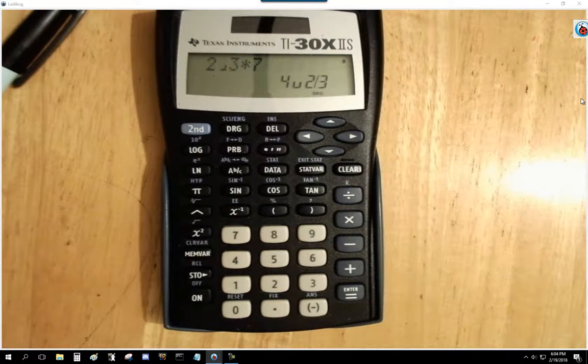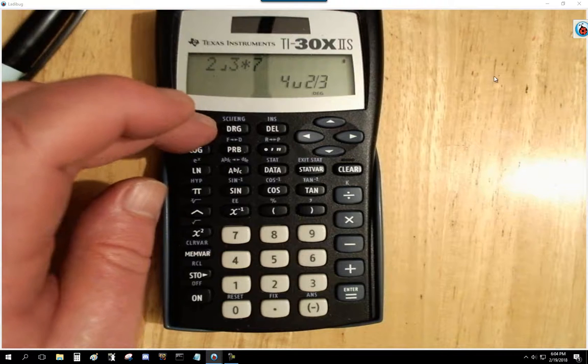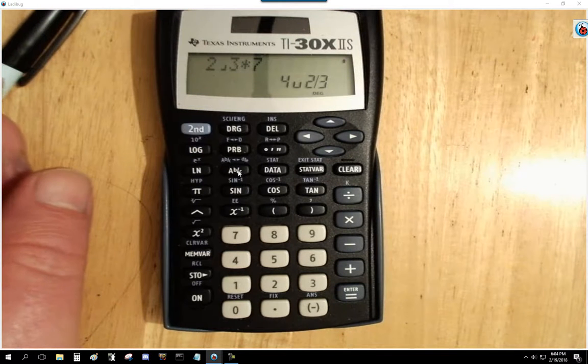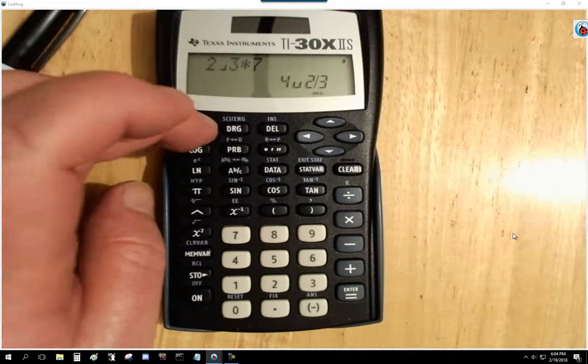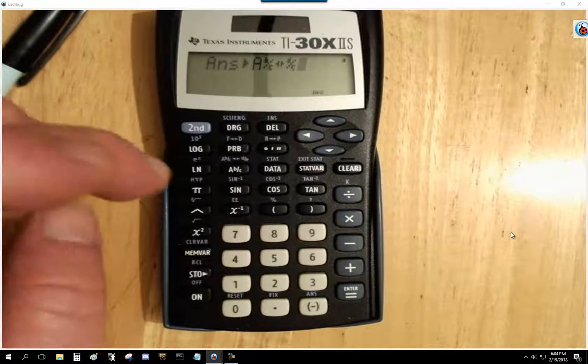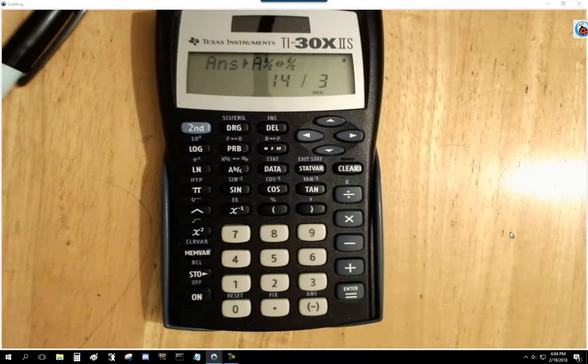It gives us the mixed number. To change that to the improper fraction, we would hit second and then the ABC button, and then equals. Second ABC equals. And there's the 14/3.